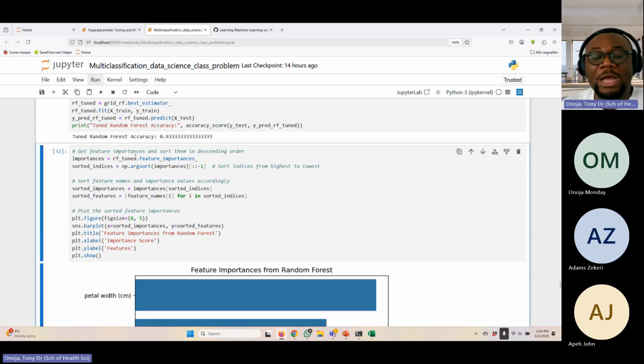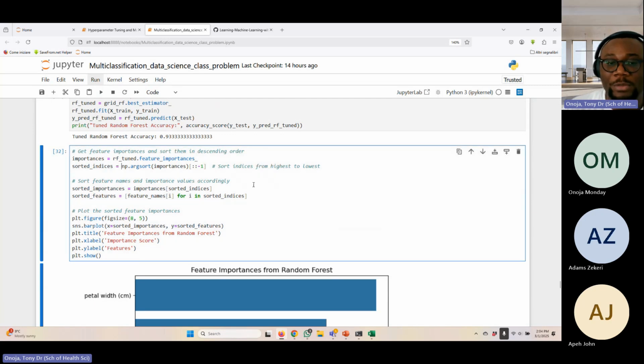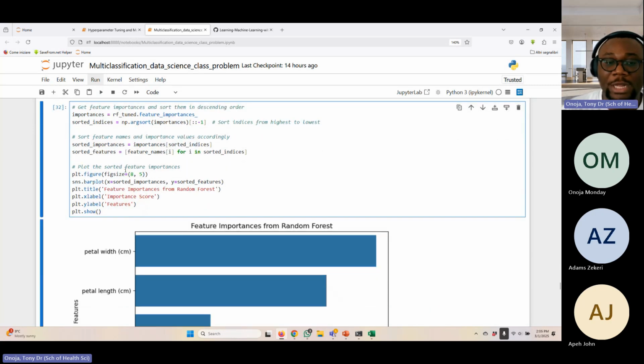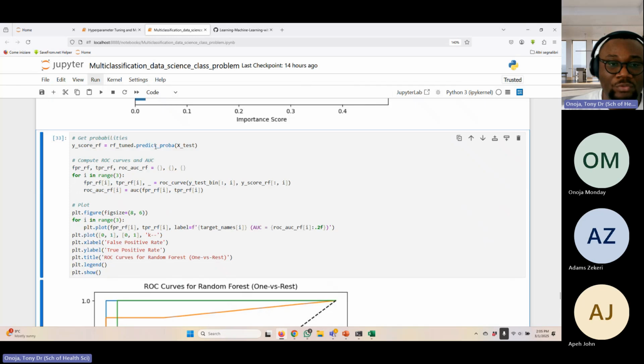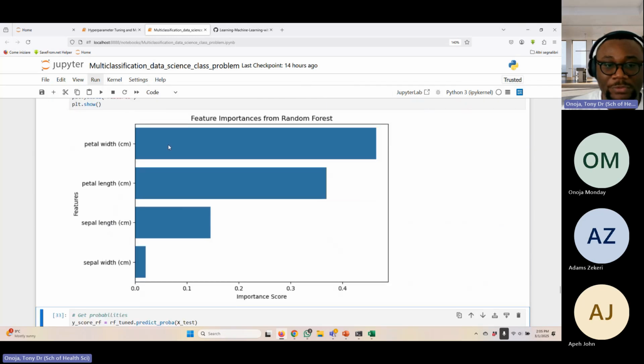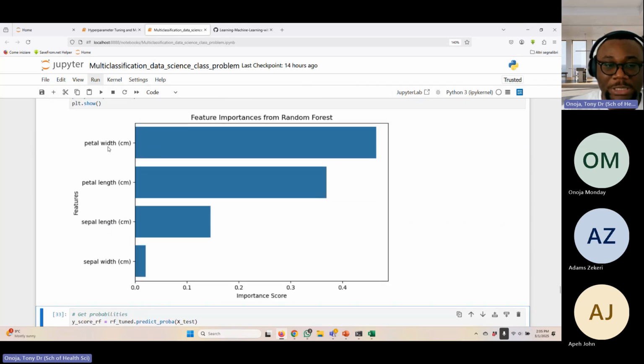Another thing, again, about the ability of the random forest is the fact that we are able to see the feature importance. The feature importance will tell us which of the features are contributing the highest to the model prediction. So when you run the feature importance, you could see the petal width has the highest, followed by the petal length, and then the sepal length and the sepal width are also there.